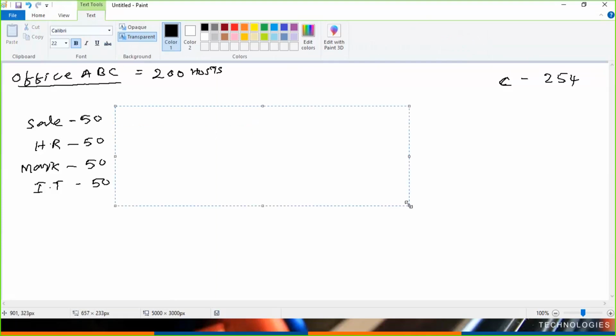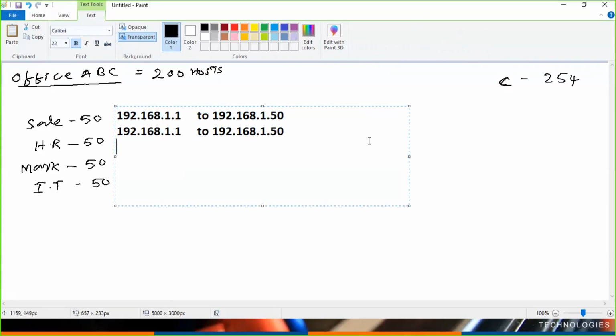Can we use 1.0? No. Can we use 1.255? No. So let me start with 192.168.1.1 to 192.168.1.50. 1.50 is for which department? Sales.